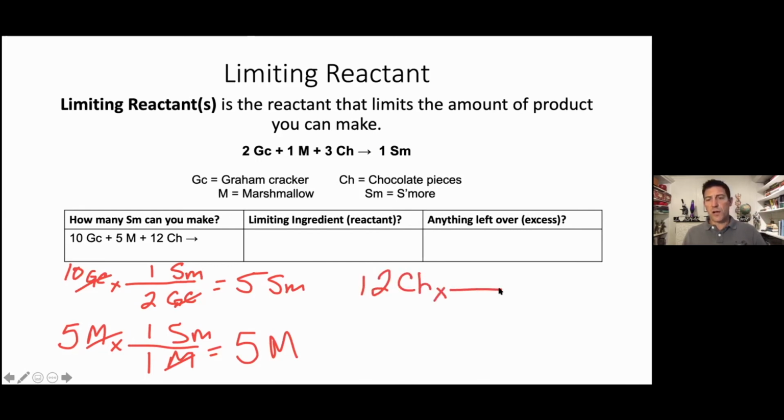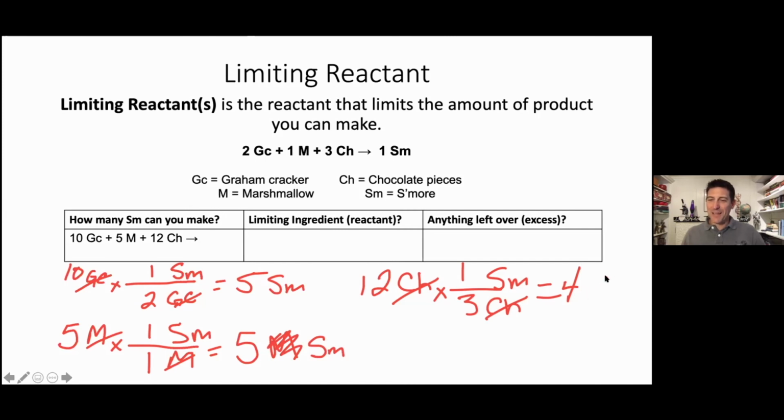I've got 12 chocolate pieces. I'm going to put chocolate down here and s'mores on the top. I look at my balanced chemical equation. I need 3 chocolate pieces for every 1 s'more. 12 divided by 3 is 4. Ooh. I noticed I made a mistake right here. This is 5 s'mores.